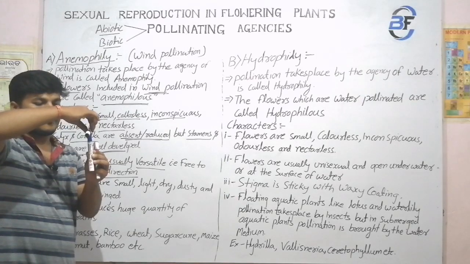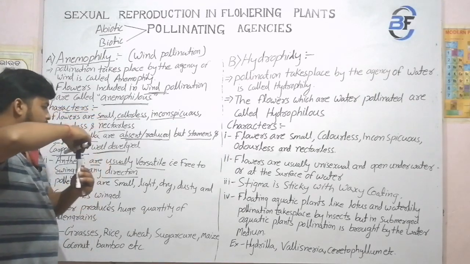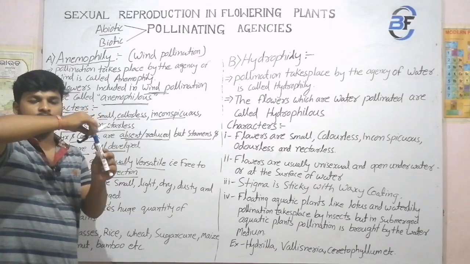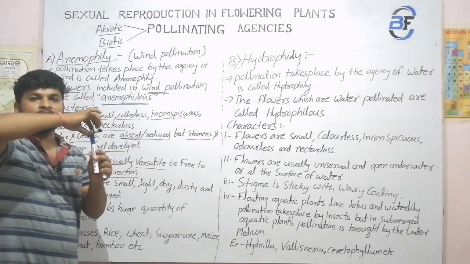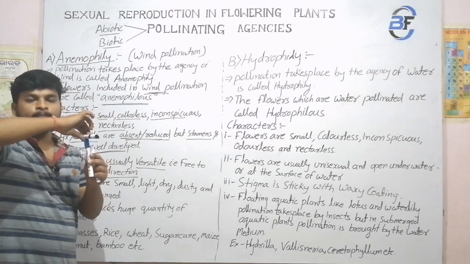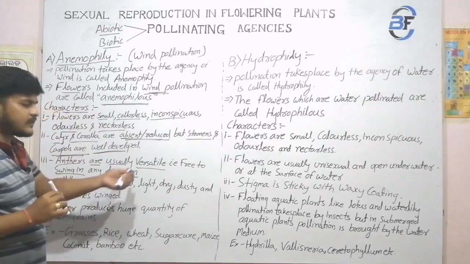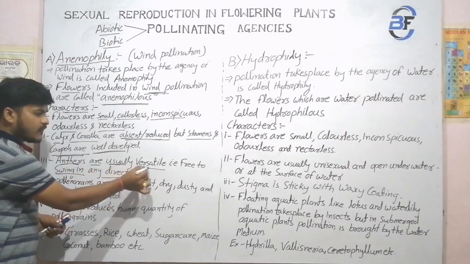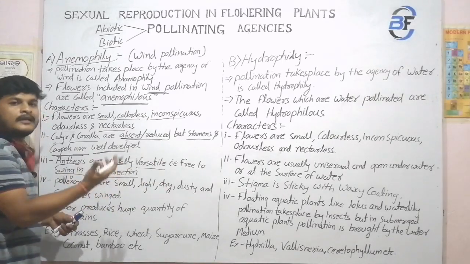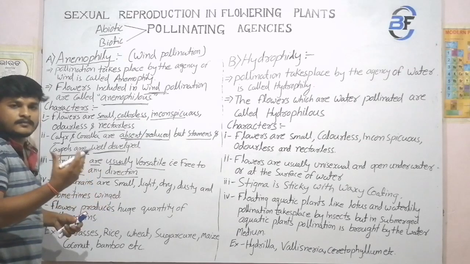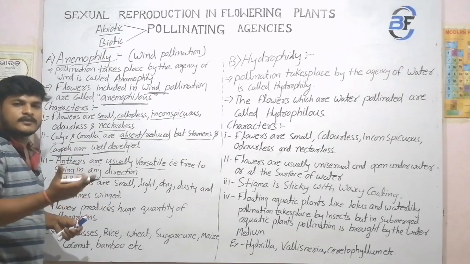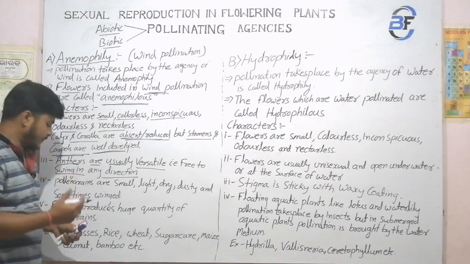The term versatile means it is free, it can move in any direction by the direction of the wind, and dispersal of pollen grains takes place by the direction of the wind. This is one of the very important points: anthers are usually versatile and free to swing in any direction.